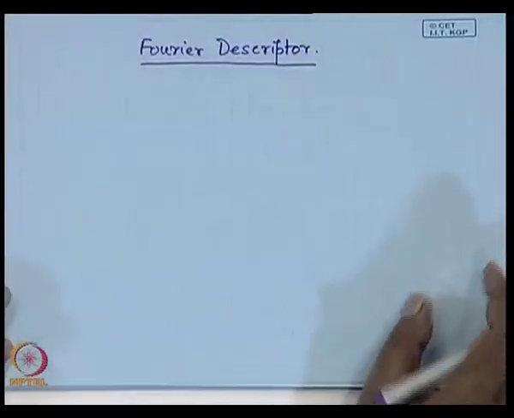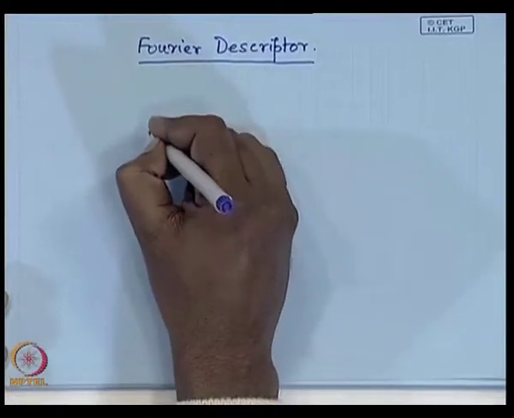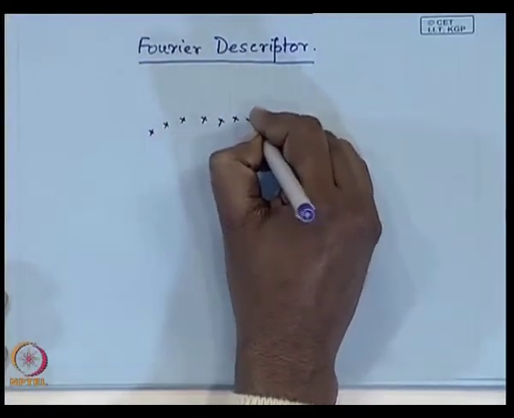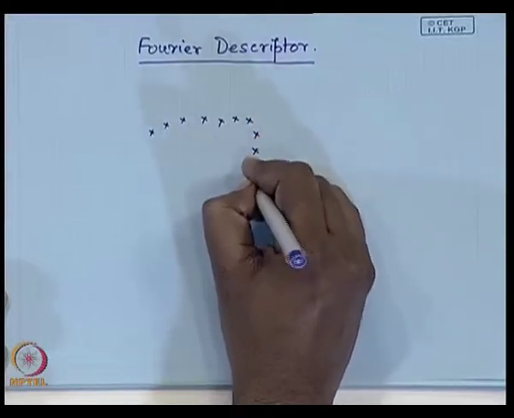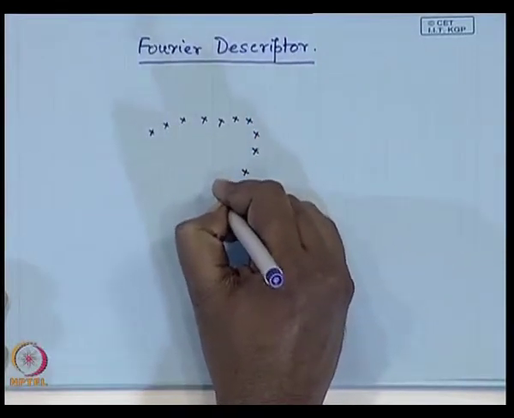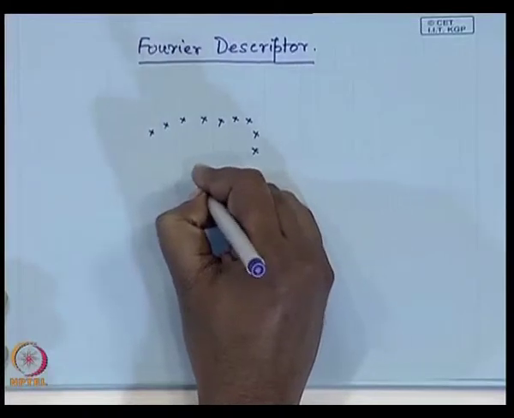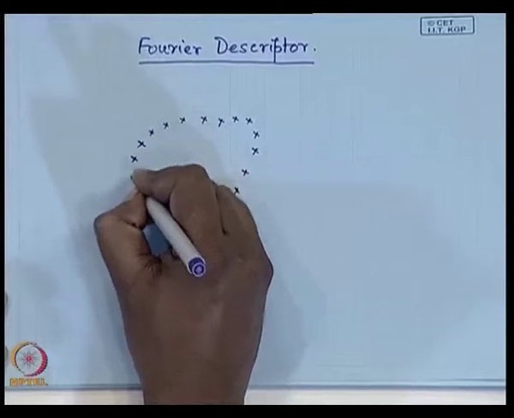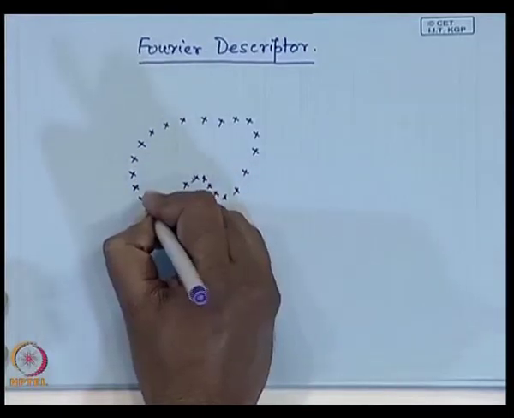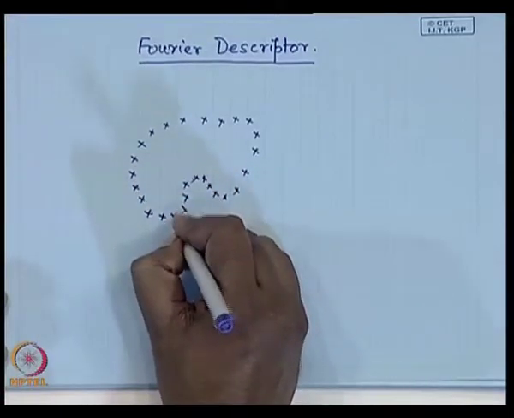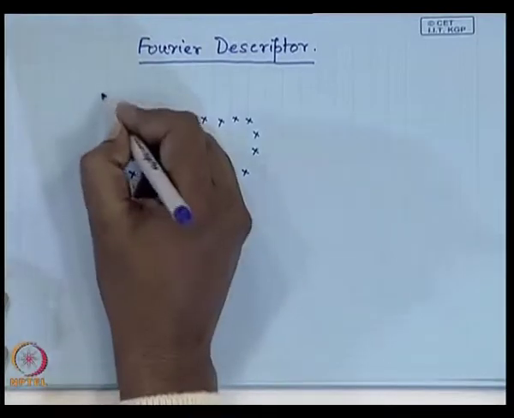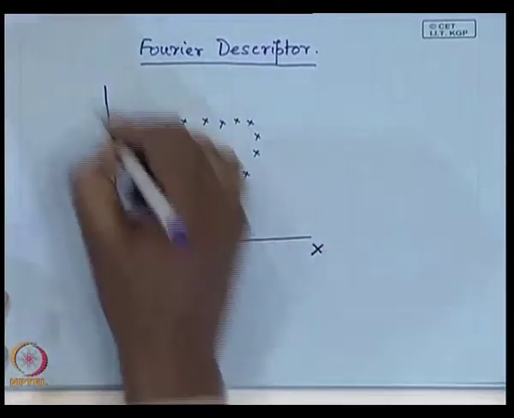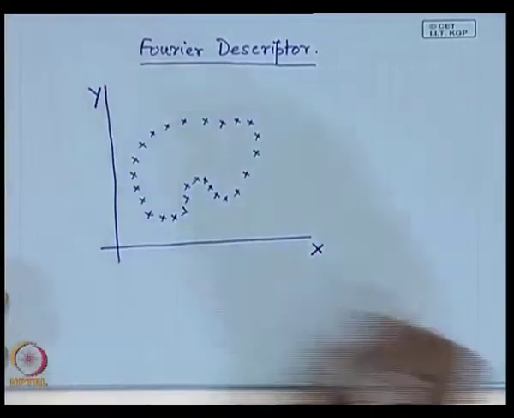So, what is a Fourier descriptor? Let us assume that we have a number of boundary points, say like this. This is in our two dimensions, so I have this x dimension and y dimension.